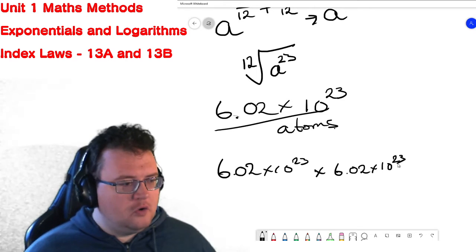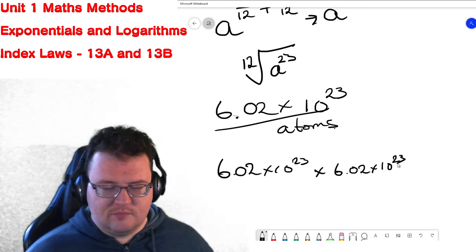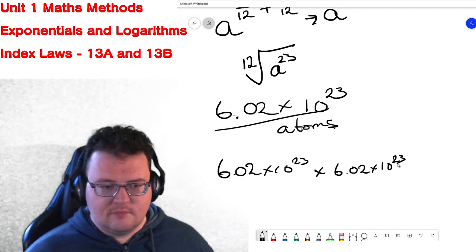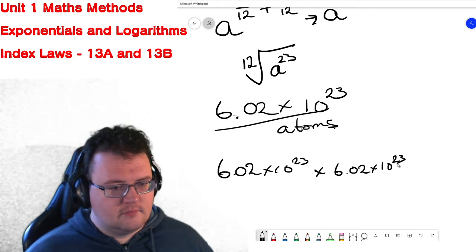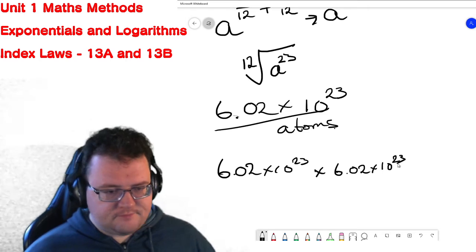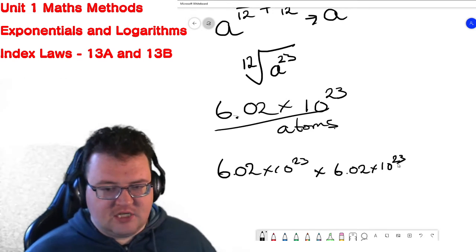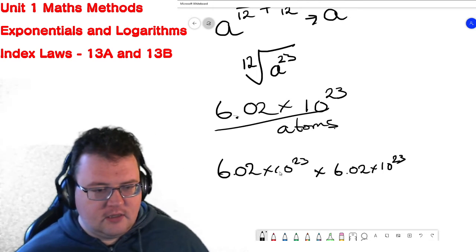How do I resolve an exponential like that? 6.02 squared times 10 to the 46.